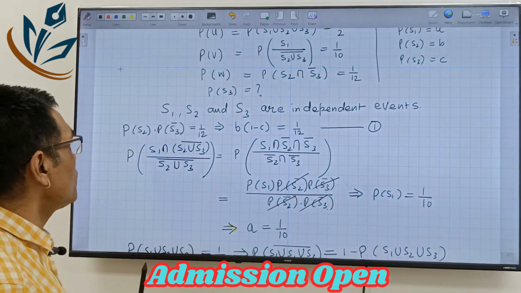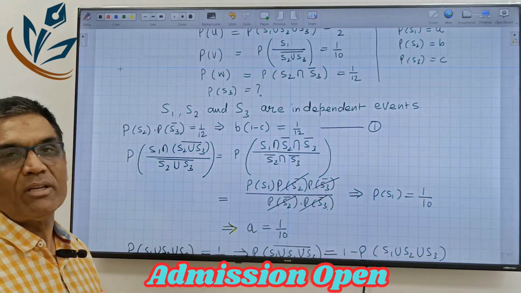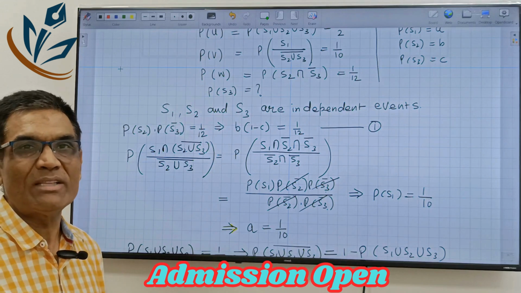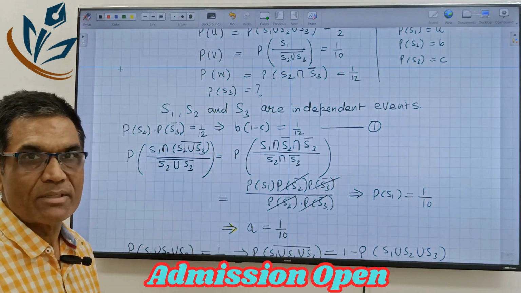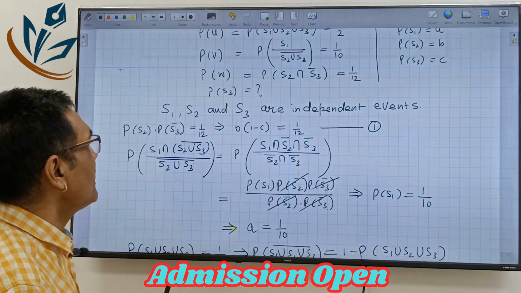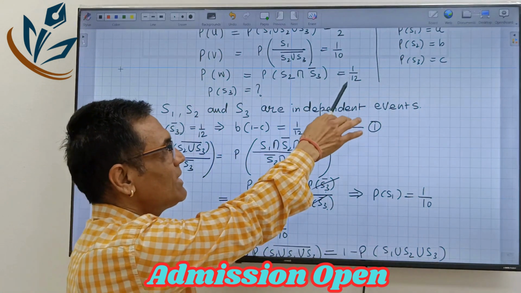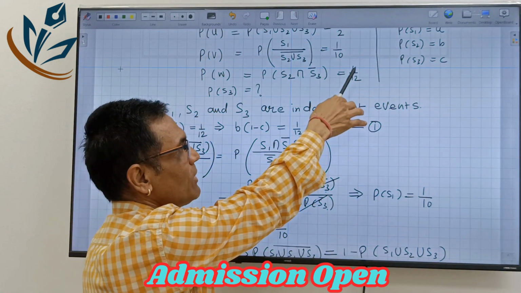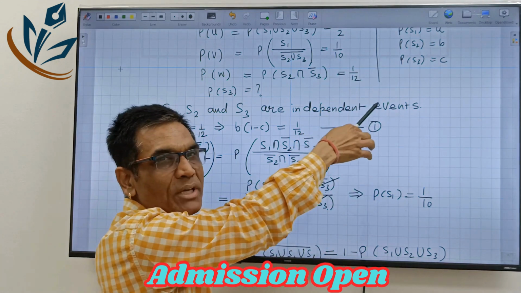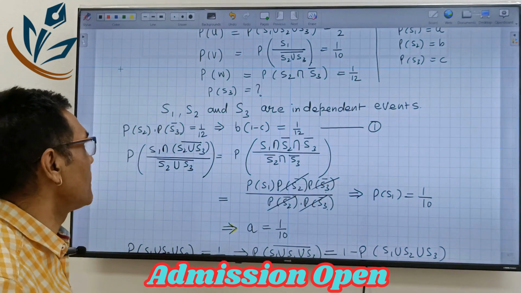Here, students, you need to understand one thing: because each student is solving their problem individually, we can say S1, S2, S3 are independent events. Let us say P of S1 is A, P of S2 is B, and similarly P of S3 is C, just to make things simpler.